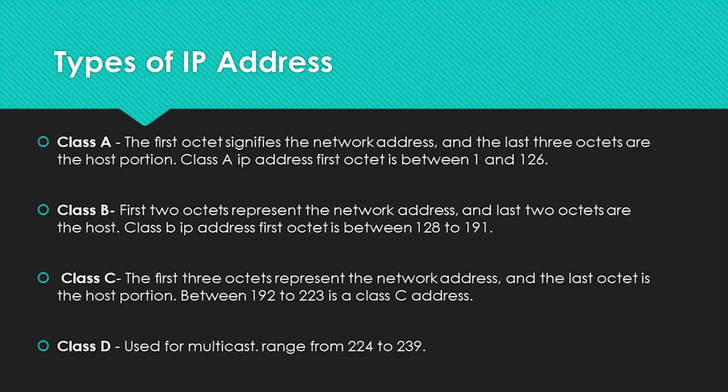Class C. The first 3 octets represent the network, and the last octet is the host portion. In between 192 to 223 in a Class C IP address. Class D is used for multicast ranging from 224 to 239.